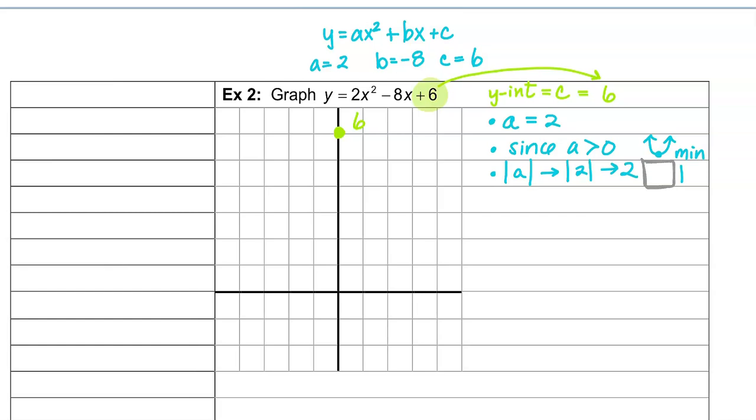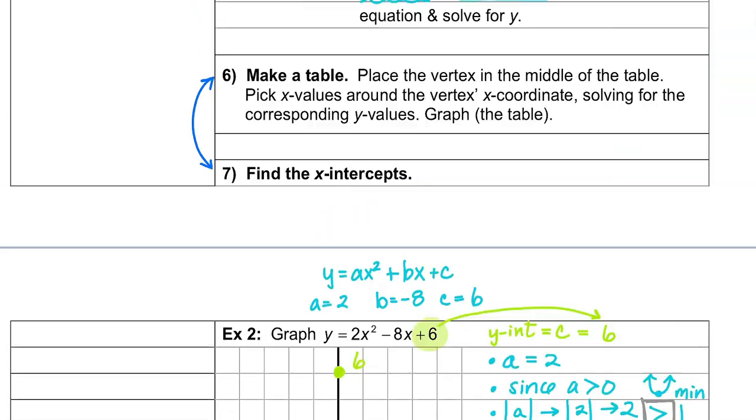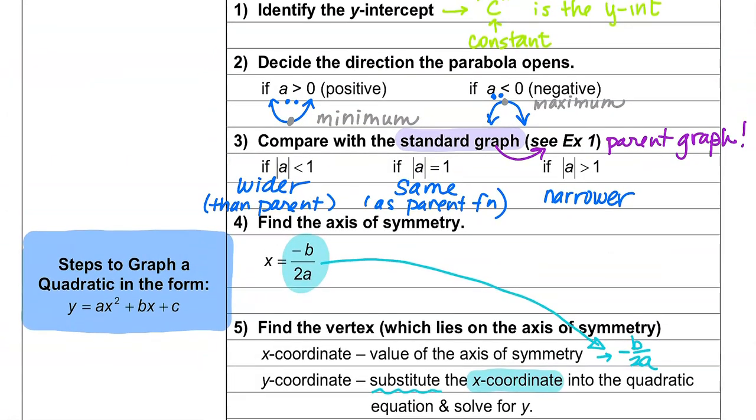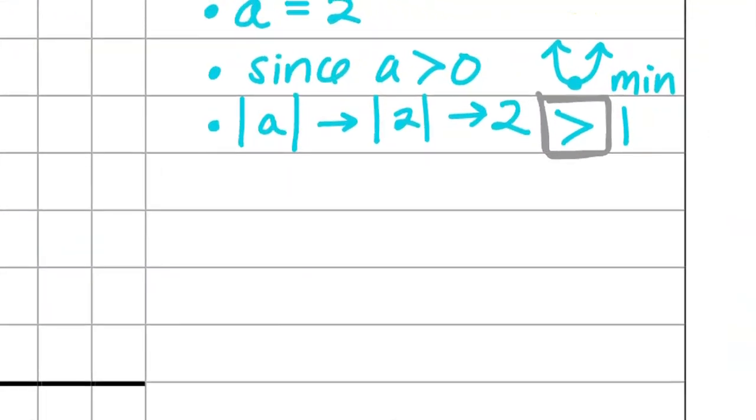Is it less than 1, equal to 1, or greater than 1? That's definitely greater than 1. So if we look back at our notes, greater than 1 tells me it's going to be narrower than the parent graph.